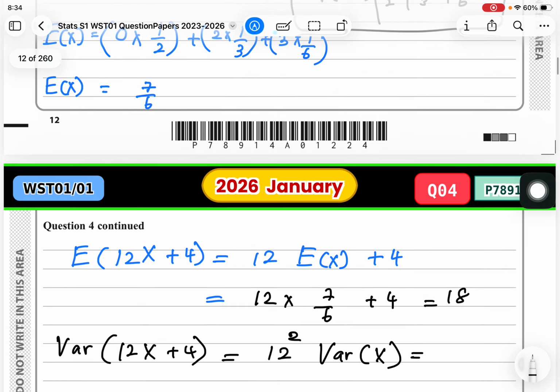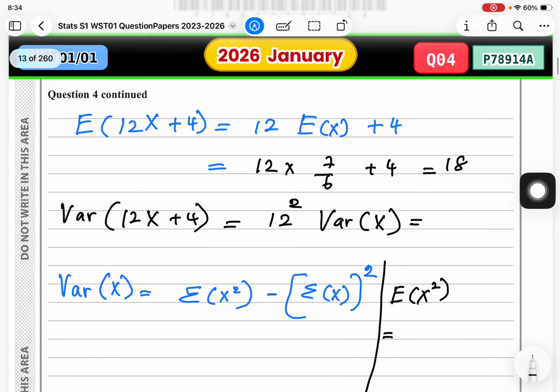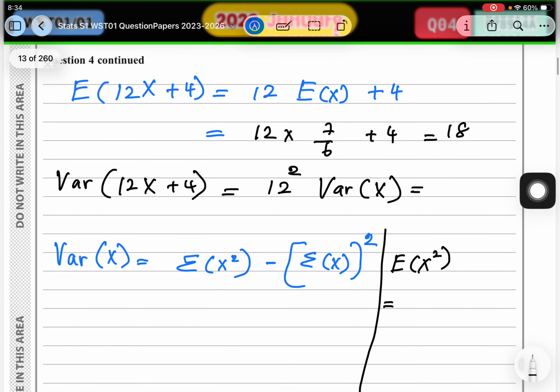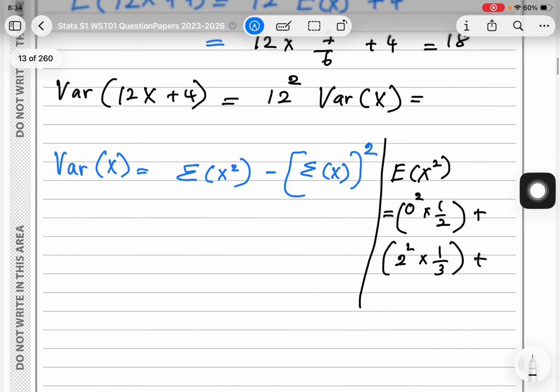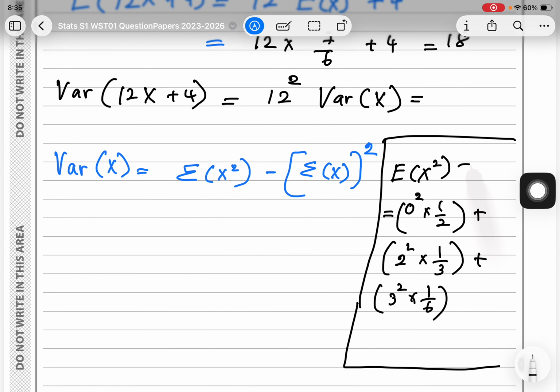So it's 0 squared times 1 over 2, plus 2 squared times 1 over 3, plus 3 squared times 1 over 6. Once we add everything, we get 17 divided by 6.